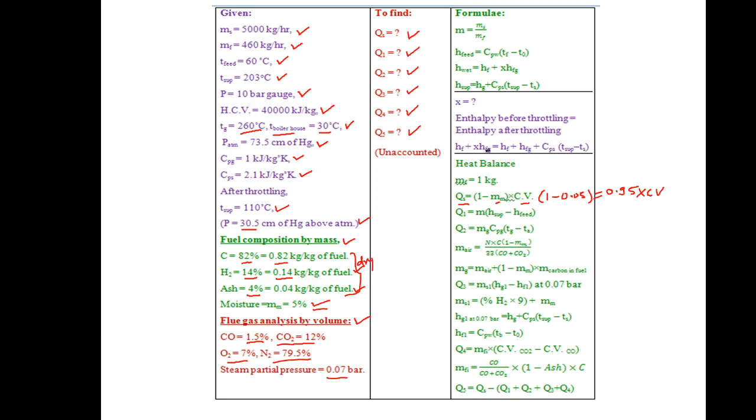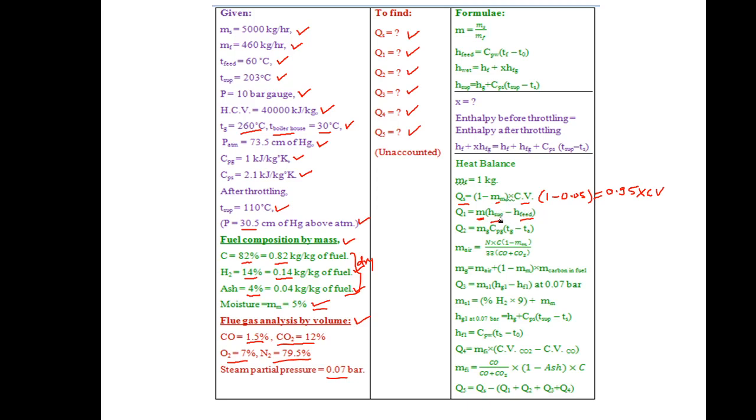Then Q1 is the amount of heat carried by the steam: mass of steam produced x (enthalpy of superheated steam - enthalpy of feed water). So the amount of heat obtained by water is calculated with the difference of enthalpy. The steam coming out is superheated steam, carrying some heat energy, and the feed water enters with some heat energy.